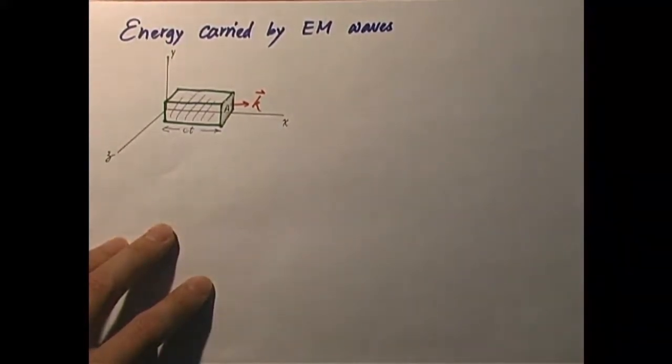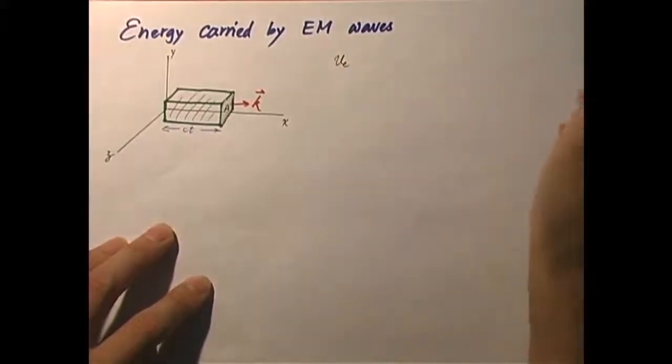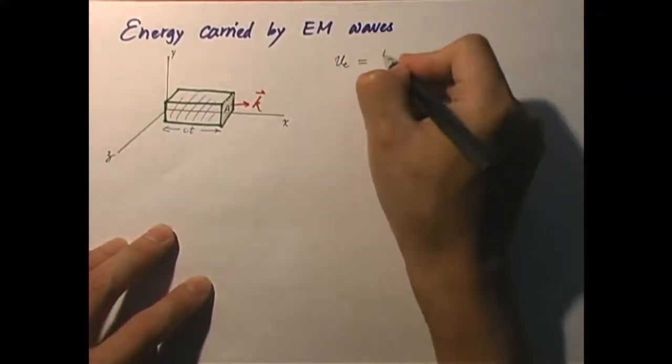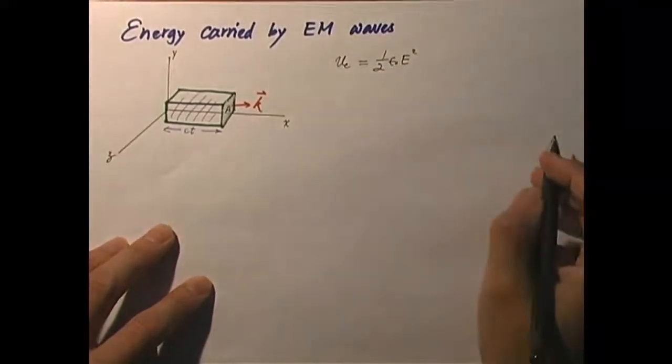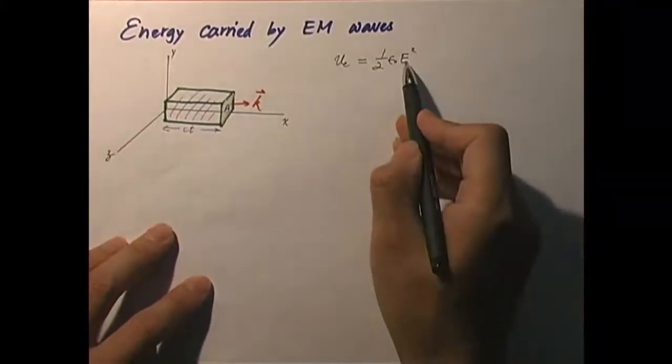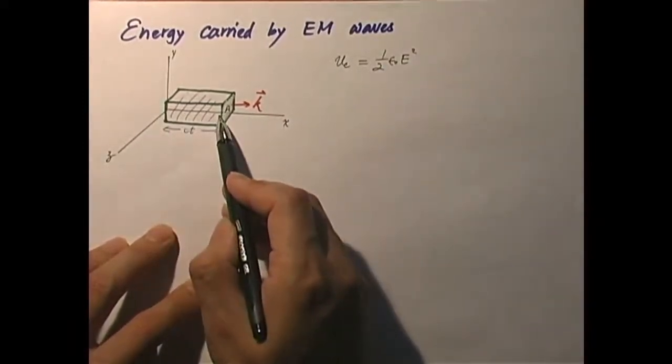Well, there are two forms of energy, electrical energy and magnetic energy. The energy density for electrical energy, UE, is 1/2 epsilon naught E squared. Now, the trouble is, E is not a constant. It is not uniform from place to place.